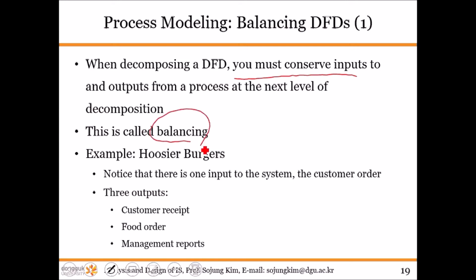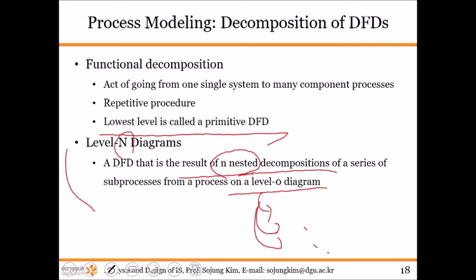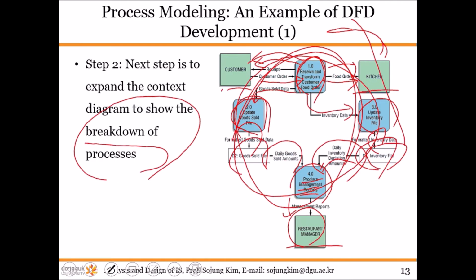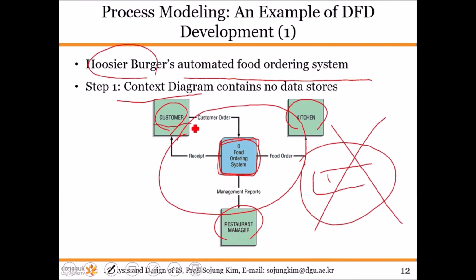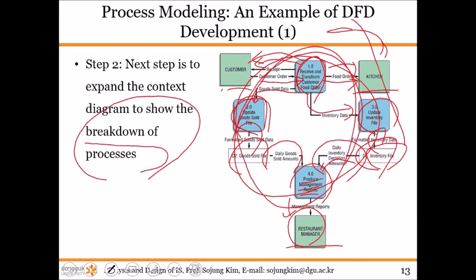Okay, so when you have more detailed information, for example, customer, kitchen, and restaurant manager, right? Using the food ordering system, and it is still the same name here, right? This is balancing.